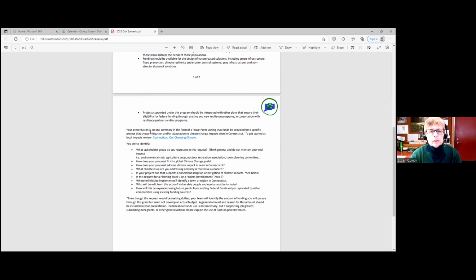This is what your presentation is asked to do: as a stakeholder, how does it fit into global climate change goals? That's where you're going to refer back to your En-ROADS solution, and you can say, hey, this is the solution we were going to look at. We were looking at improving energy efficiency in houses, and that's going to conserve and reduce greenhouse gases globally.